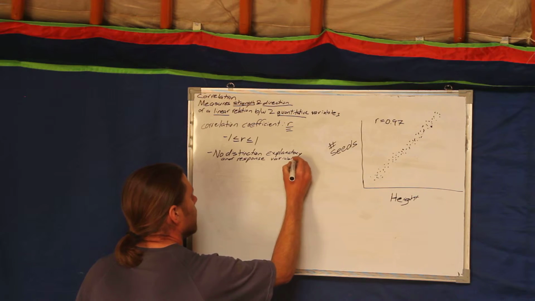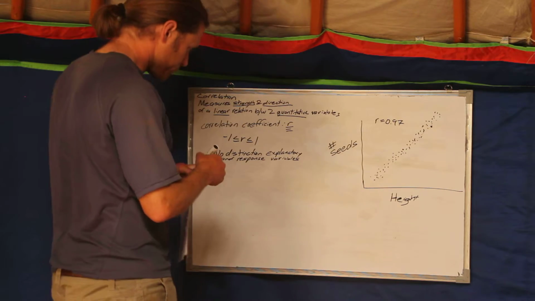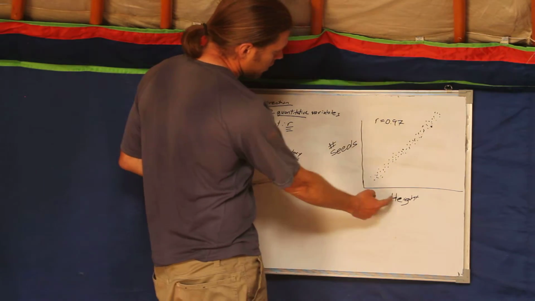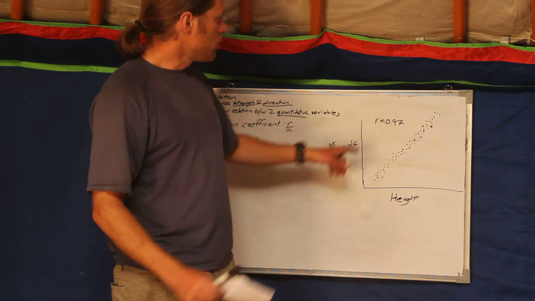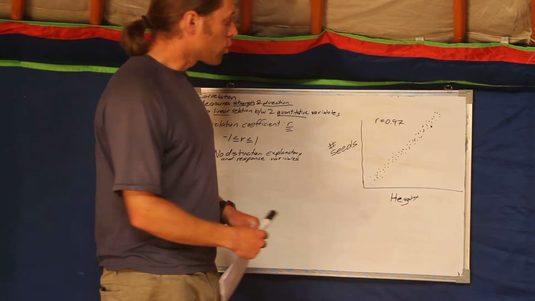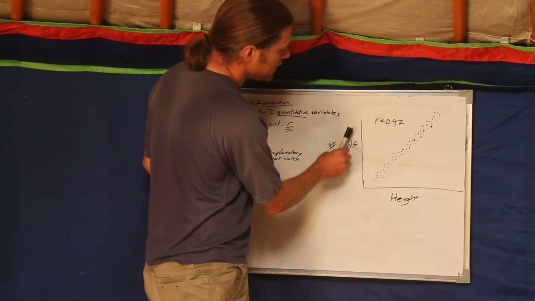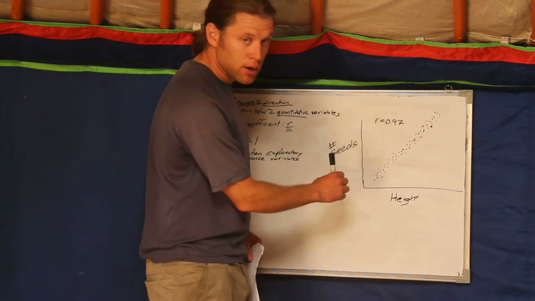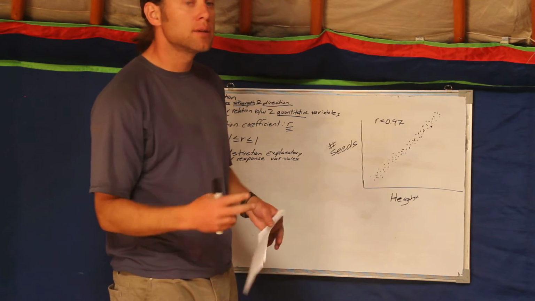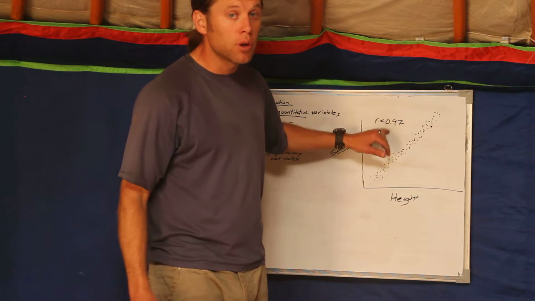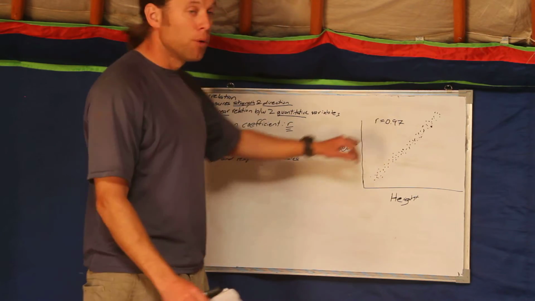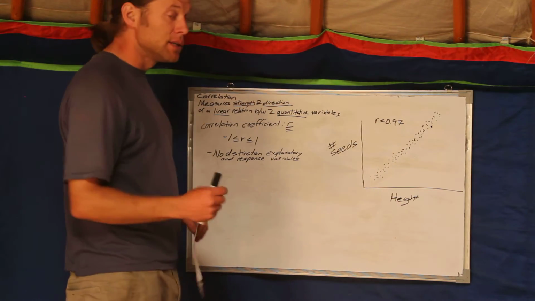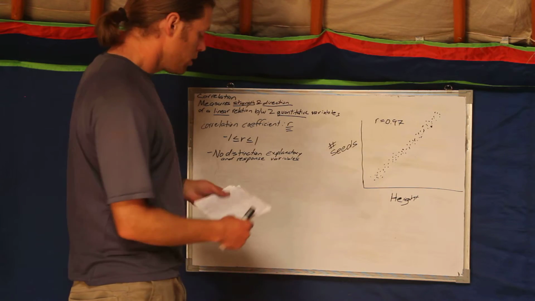What that means is that height here and number of seeds has an r of 0.97 regardless of whether you look at height to seeds or if you had seeds here and height here. So you can flip the x and y axis and the correlation remains the same. That'll always be 0.97. That's different from regression, as we'll see.